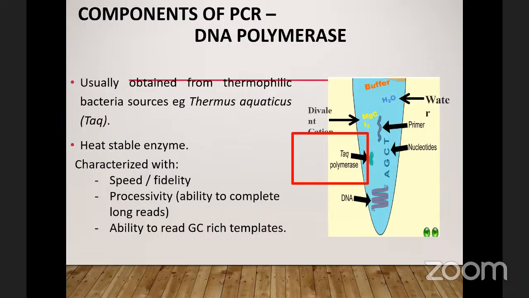And then, okay, so the next one is DNA polymerase itself. DNA polymerase, like I said, is like the bricklayer that is building the structure itself, while the dNTPs are the building blocks, the bricks that will be set in the first place. So I just want us to have a little more understanding of this DNA polymerase. Usually, the machine that we call PCR machine is actually called a thermocycler.